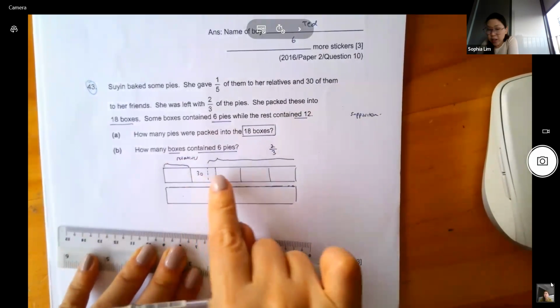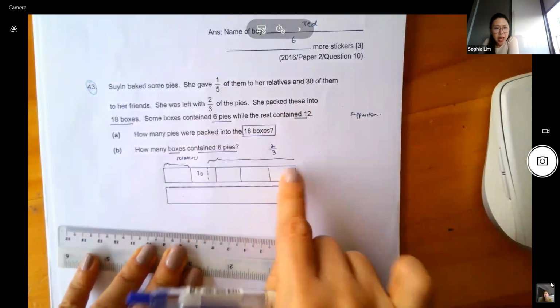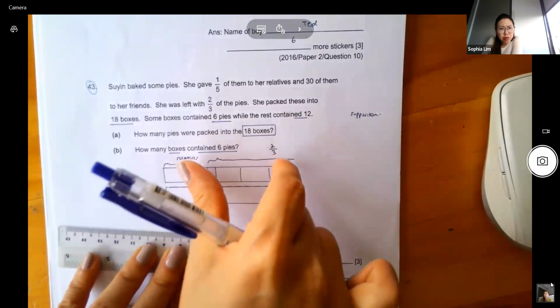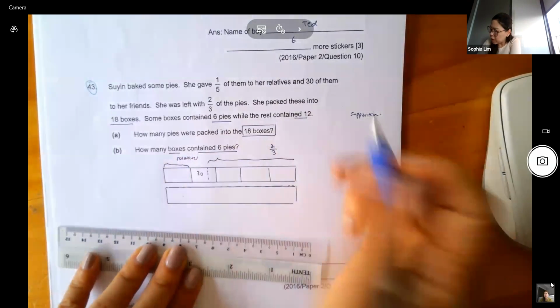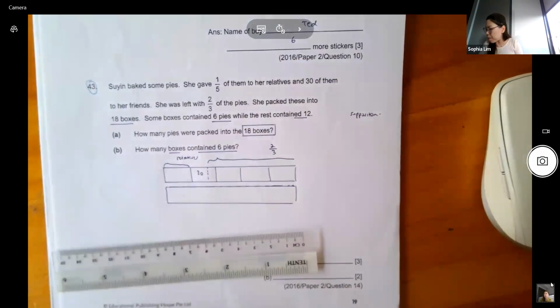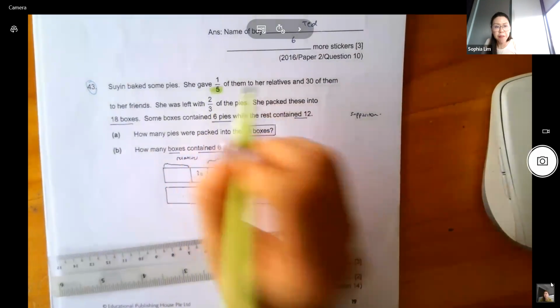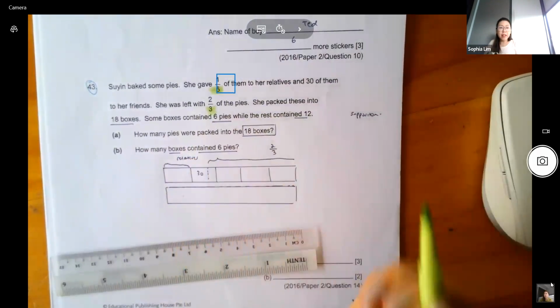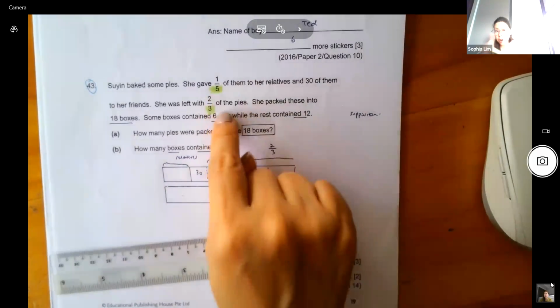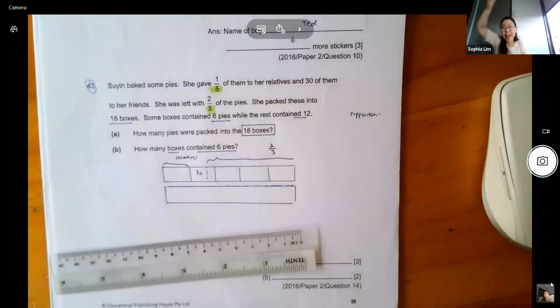Because originally you're given 5 big units. Then now they say she's left with 2/3 of the entire pies. So in terms of the denominator, you are battling with the denominator 5 and the denominator 3. Because this 2/3 is not of the remainder, the 2/3 is of the entire number of pies.